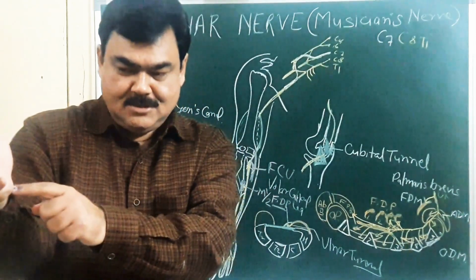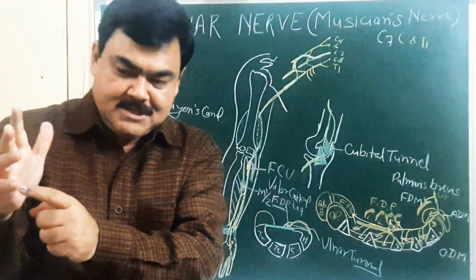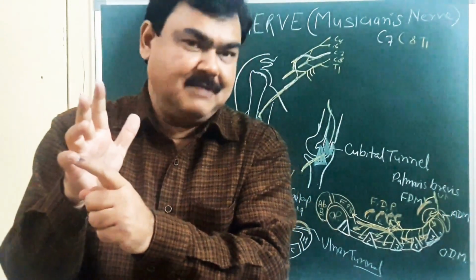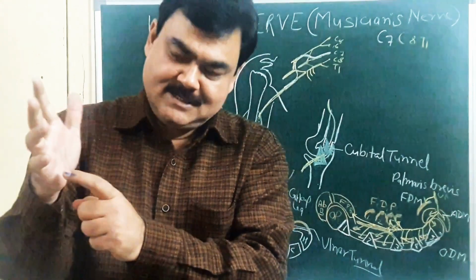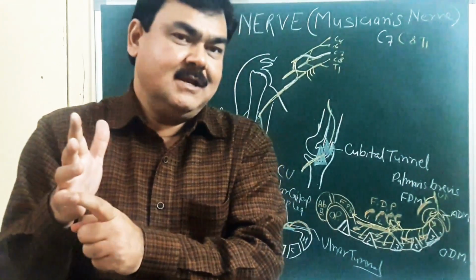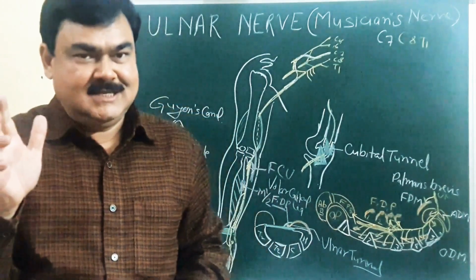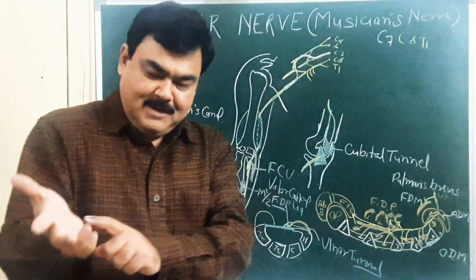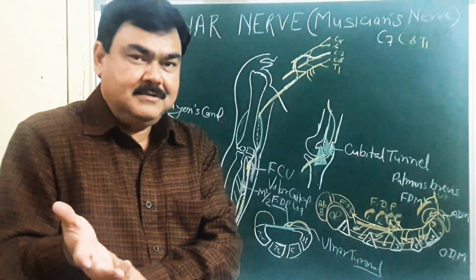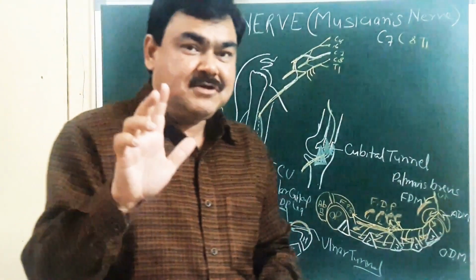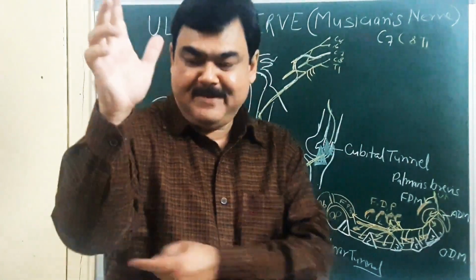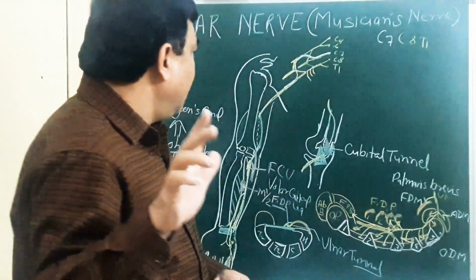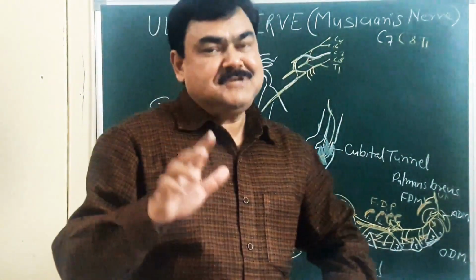If the lesion is at the wrist, then there is flexion at the proximal and distal interphalangeal joints and hyperextension at the metacarpophalangeal joint. This is also known as ulnar paradox. So if the lesion is high, the claw hand is more pronounced in comparison to a lesion at the wrist. So this is all about the applied aspect of the ulnar nerve.